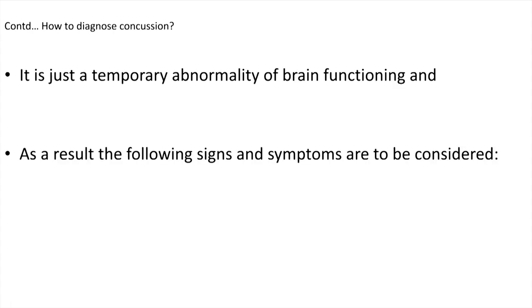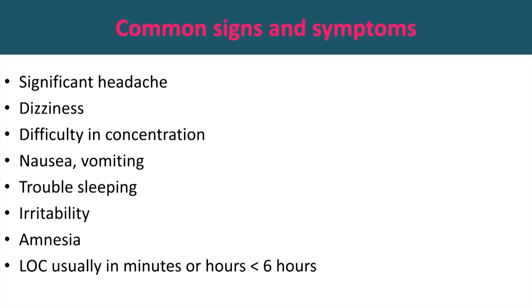Since it is a temporary abnormality, we have to think about certain signs and symptoms. Common signs and symptoms: significant headache, dizziness, difficulty in concentration, nausea, vomiting, trouble sleeping, irritability, amnesia, loss of consciousness, usually in minutes or hours. It is said that it should be less than 6 hours according to certain textbooks.